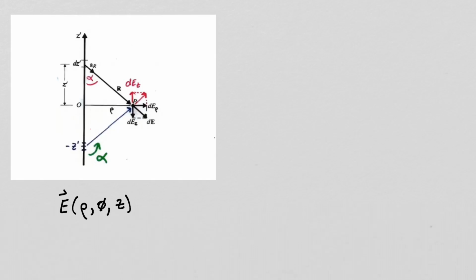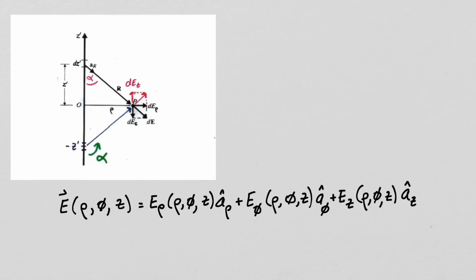And in general, the field can have a component in the rho, the phi, and the z directions. We'll see that the cylindrical symmetry means you won't have all these components, and the components you have will not depend on all the variables.